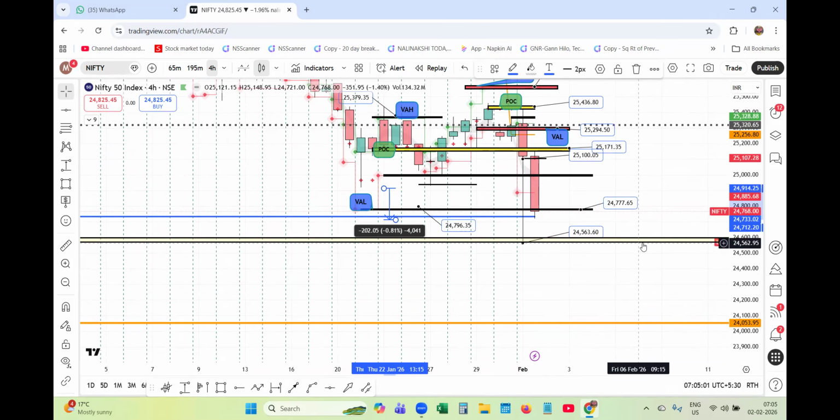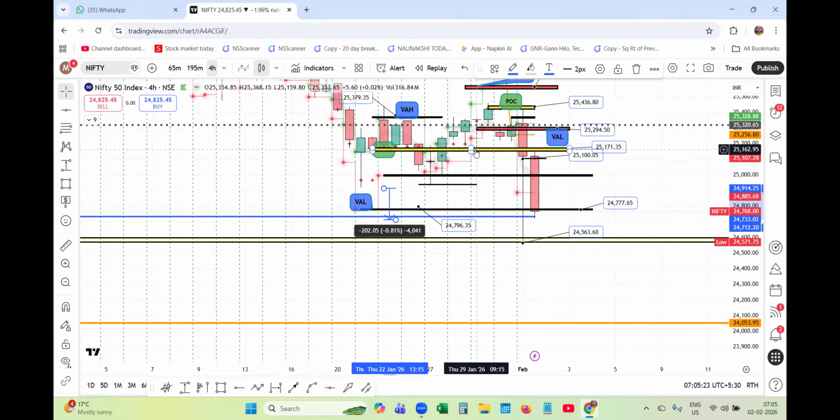When there is a wide range, there is an opportunity for option buyers. Option buyers can trade because the range is very high, so they get to trade if they time the market properly. You can time the market properly with my indicator.